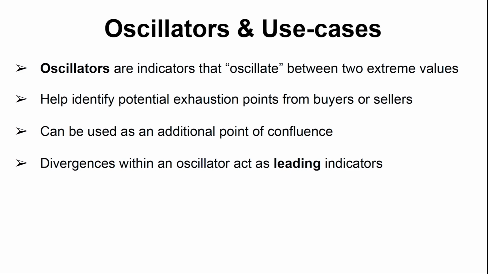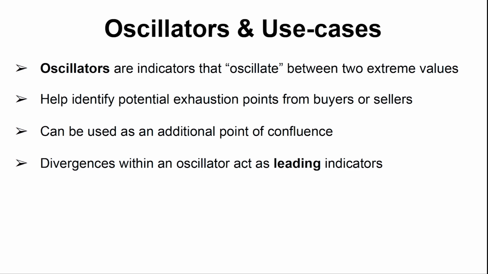I just want to note that there are many kinds of oscillators that can be found in your favorite charting software's library. Relative Strength Index, also known as RSI, Moving Average Convergence Divergence, also known as MACD for short, stochastics, etc. There are pros and cons to each one, but today's lesson won't get into which ones you can and should use, because we already know the answer, right? It always depends.